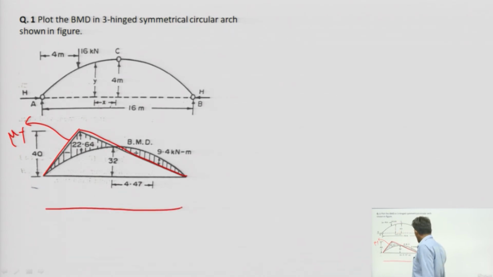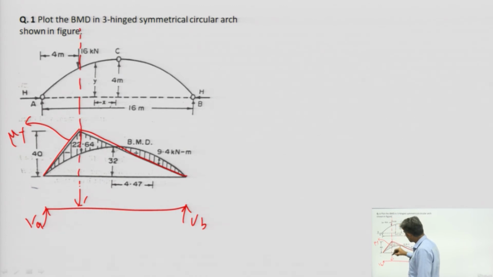How will we plot it? We will plot it by considering a horizontal beam with VA, VB and the point load at the same section where it is acting in the given arch.